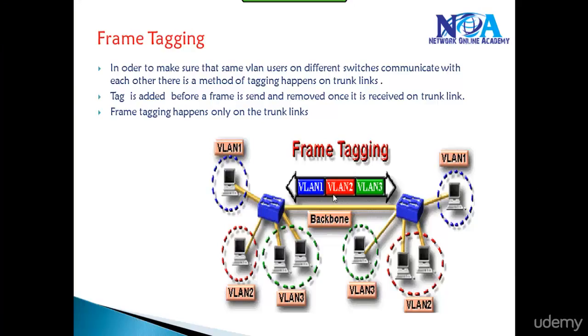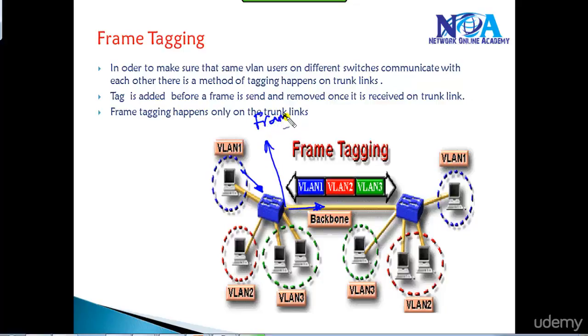Now what exactly the switches will do is, when a particular frame is sent, like in the second example, VLAN 1 is sending a frame. Before it sends on the trunk link, it is going to add some tag information to the frame. We call this the frame tagging process.